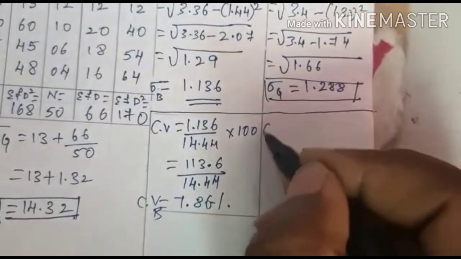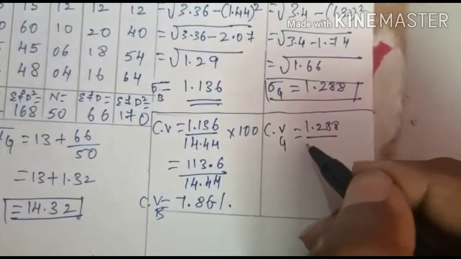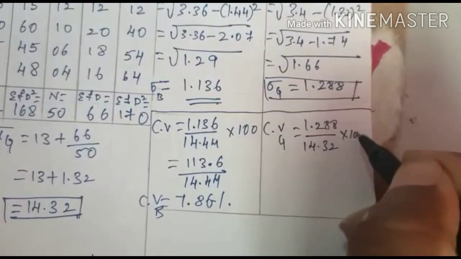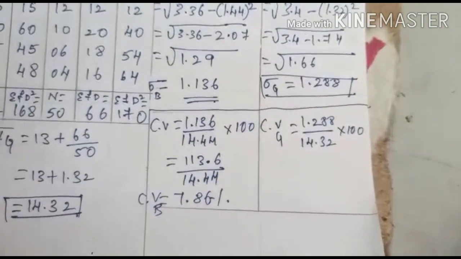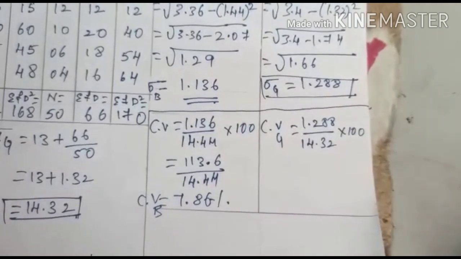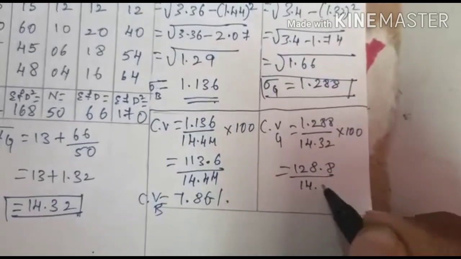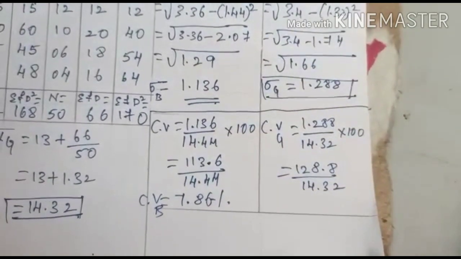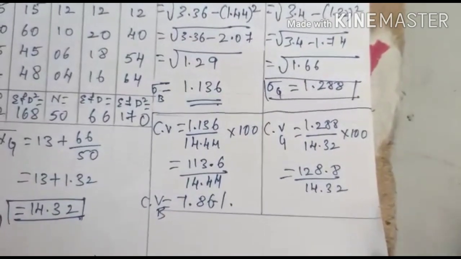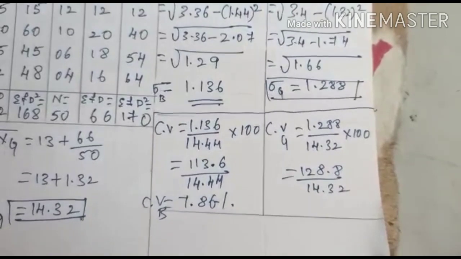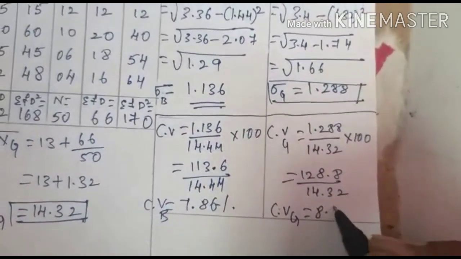Now the CV of girls is equal to 1.288 divided by 14.32 into 100. That gives 128.8 divided by 14.32, which gives a coefficient of variation of girls of 8.99%.